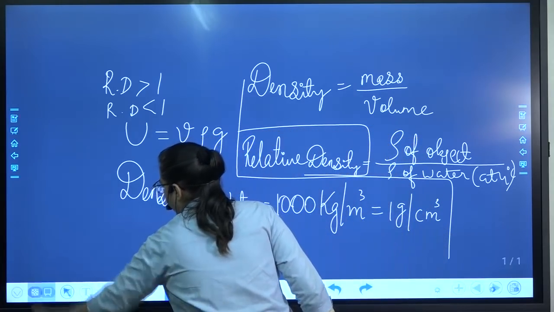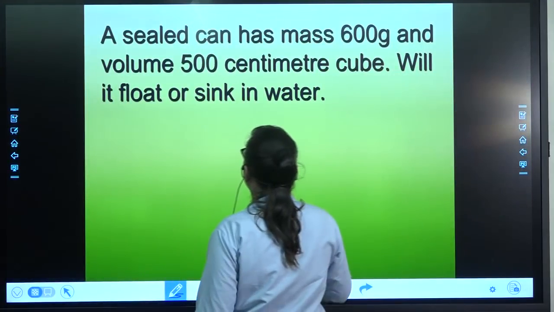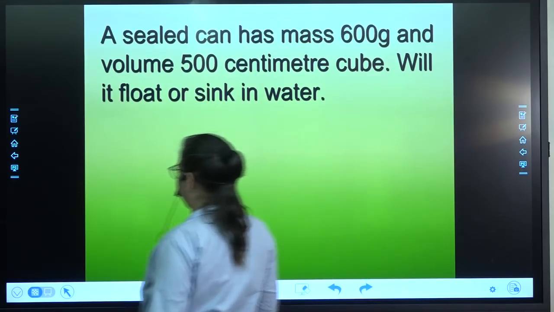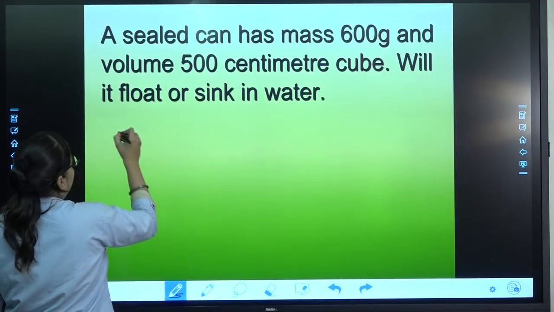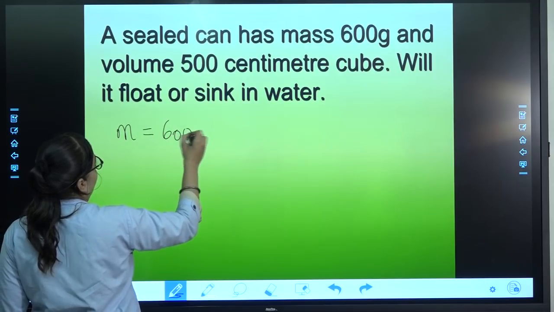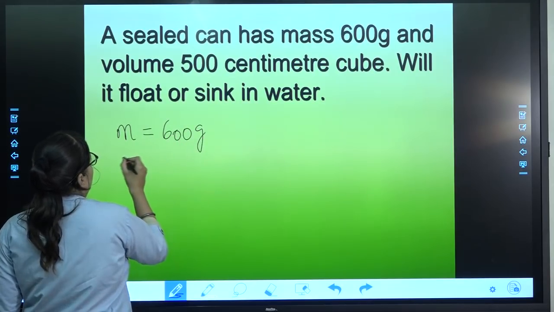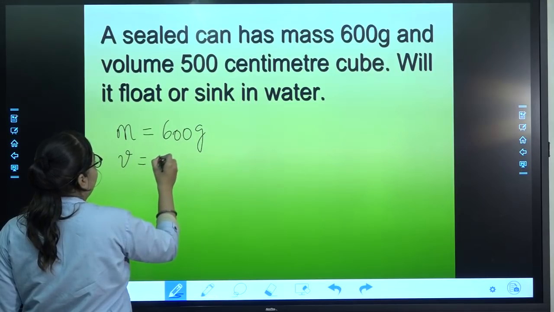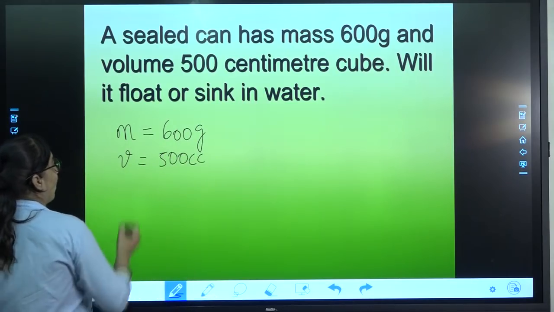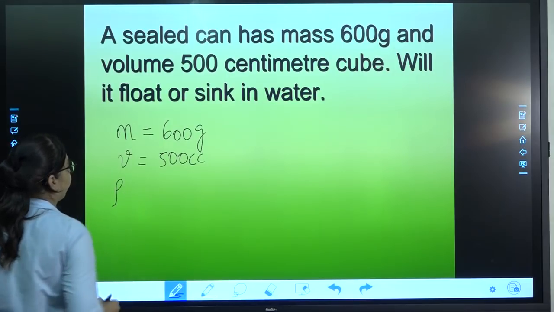What is the concept? We are having a sealed can whose mass is 600 gram. So, mass is given to us as 600 gram. Its volume is 500 centimeter cube. So, what will be its density first of all?